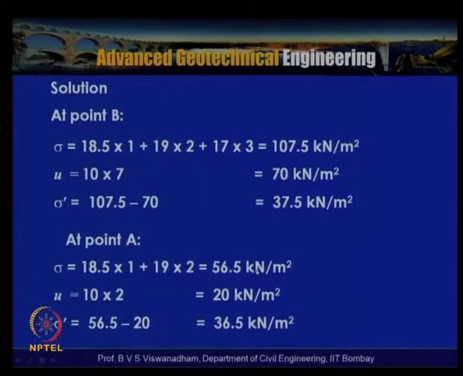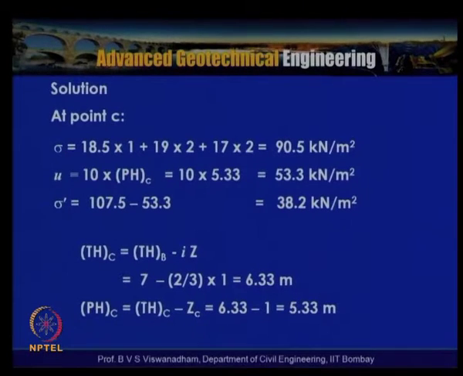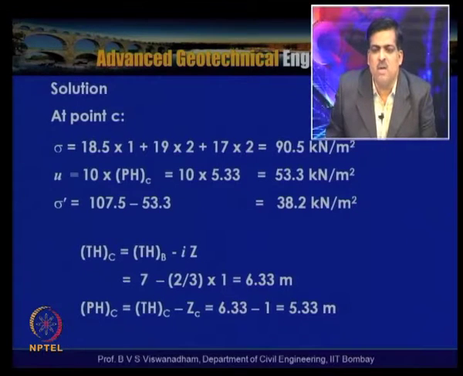So at point A the effective stress is this much, at point B the effective stress is this much, almost of the same order. And at point C, which is in between point A and B, the total stress is given as 90.5 and the pore water pressure is given as 10 into the pressure head at C.